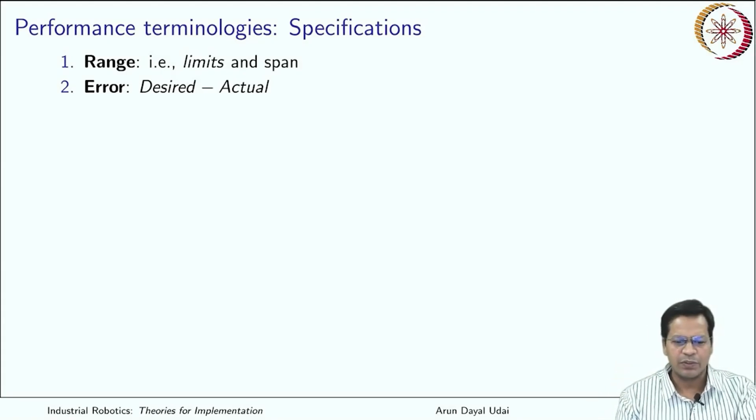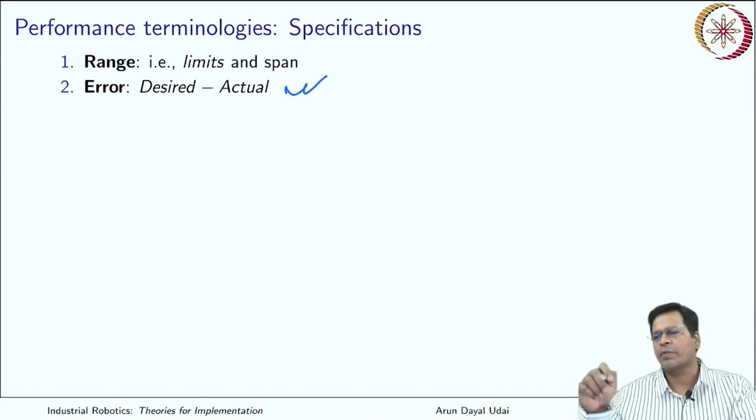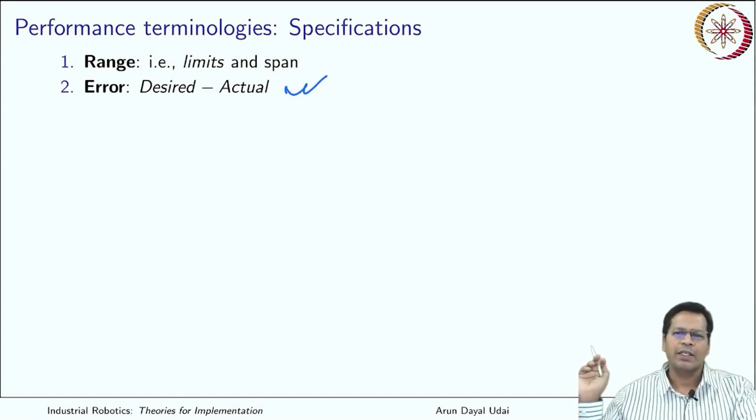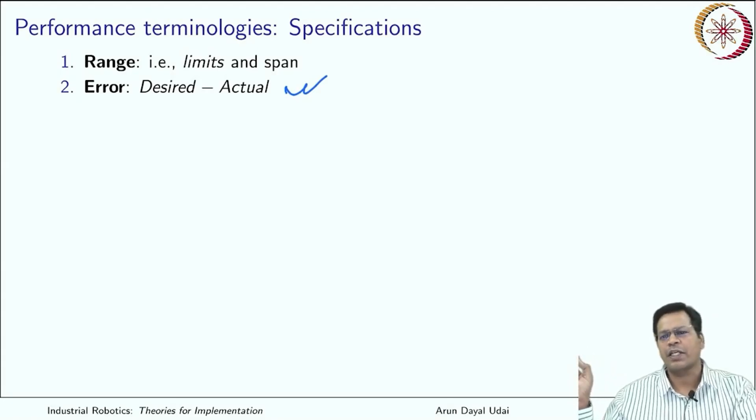So desired minus actual is the error signal. Mostly your data sheet shows the error can be plus minus 1% of the full scale reading. That means if it is 100 bar, it can tell you, let's say, 99, or it can tell you 101 bar. Okay, but that is the maximum error which they have found through experiments.